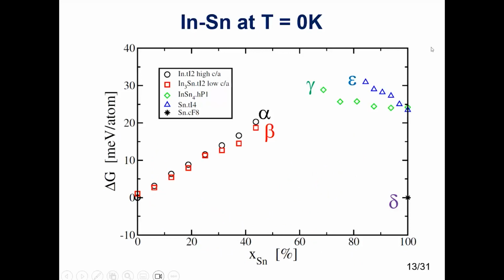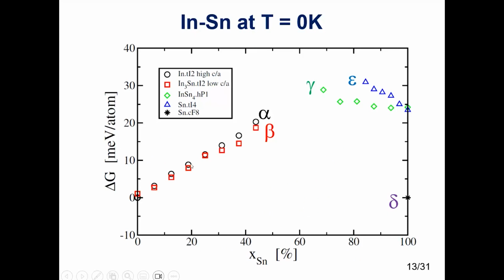Okay, so here is a similar enthalpy diagram for indium tin at 0 Kelvin. And here we see the enthalpy of alpha indium and the enthalpy of beta indium: indium in the low c over a ratio and indium in the high c over a ratio. Here in black circles, I've added tin to the alpha indium.